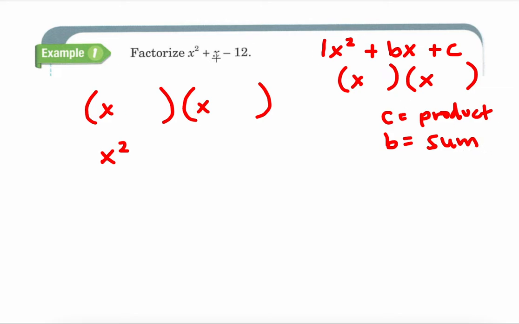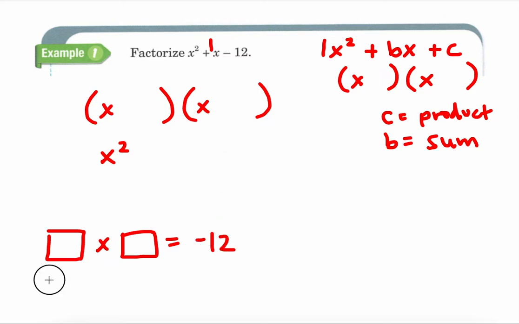Okay, so I'm looking for two numbers that multiply to get me negative 12, but add together to get me 1, because there's really a 1 here. Okay, so I need two numbers that multiply to get to negative 12, but they add to get to a positive 1.